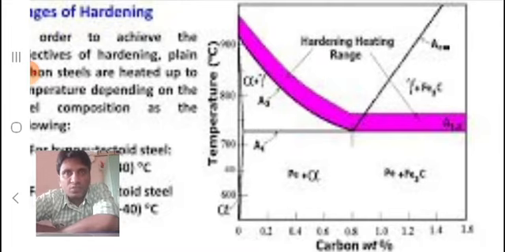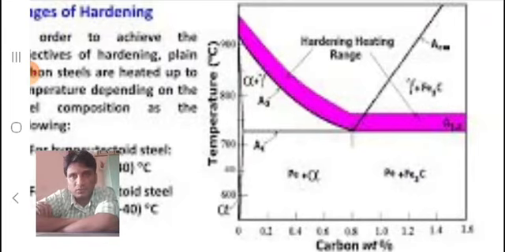This procedure we already discussed in the TTT curve construction. There, by escaping the nose, we cool the steel directly to the temperature 300 or 350 degrees centigrade, where we get a bainitic structure. So it is a one-time process.